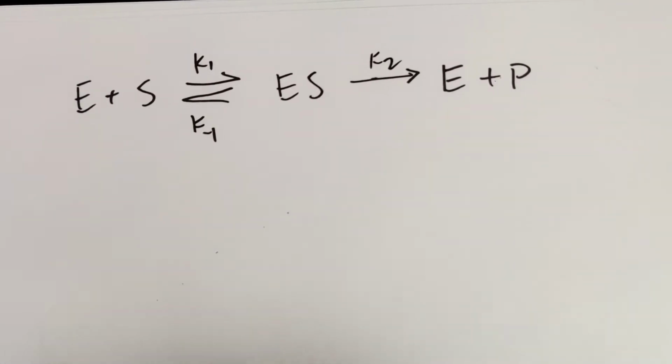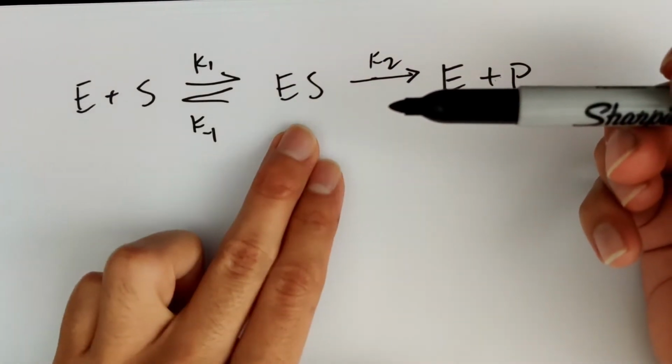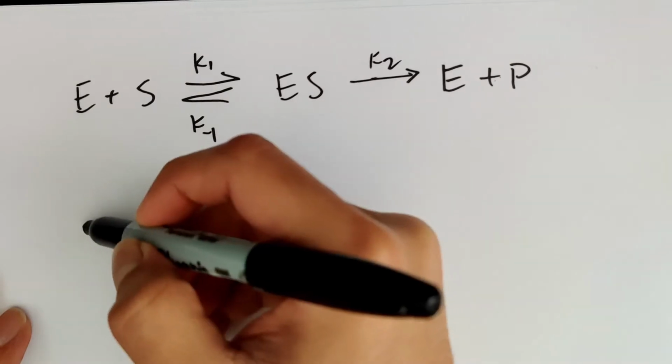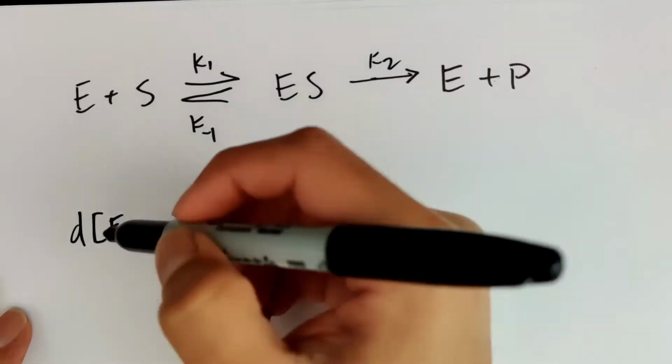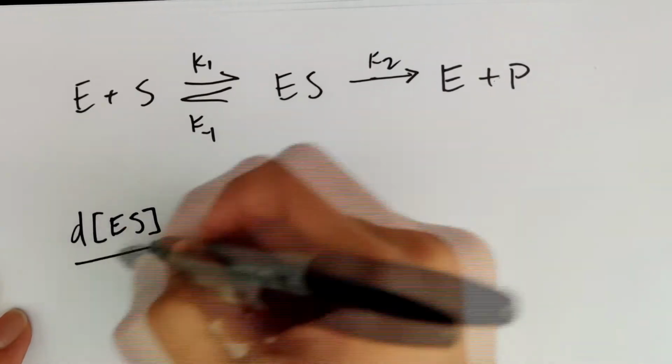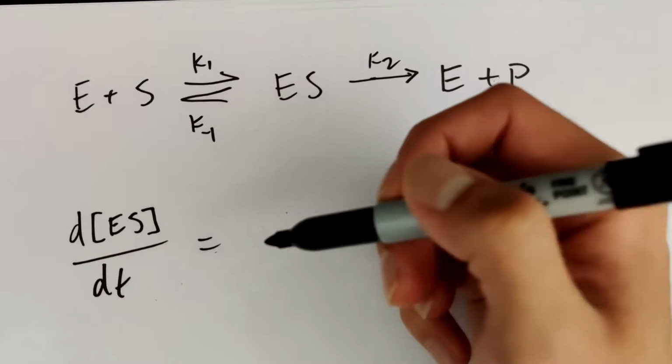To begin with, we'll want to look at the concentration change of the enzyme-substrate complex, which we denote as d[ES]/dt, the change over time.